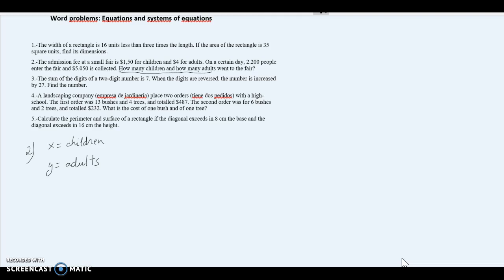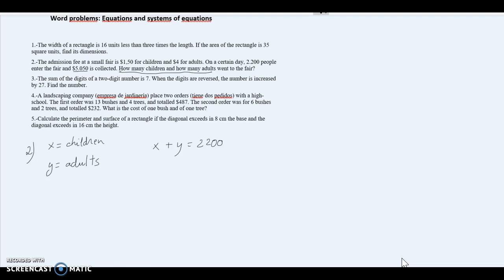Well, so the first equation, if we have 2,200 people, so obviously x plus y is 2,200 people. The second equation is about the money collected. The total is 5,050.